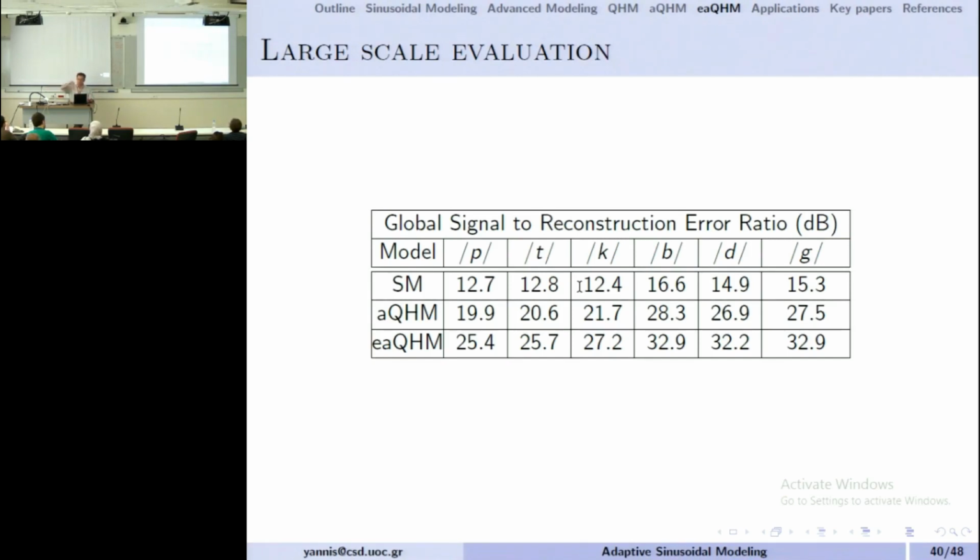It has no power to make something discontinuous. Everything is continuous. The adaptive quasi-harmonic model does better, but the extended model is very good. And obviously, this is a very important model when you have percussive sounds, like in audio. This is very important. But also for speech, we have all these sounds.